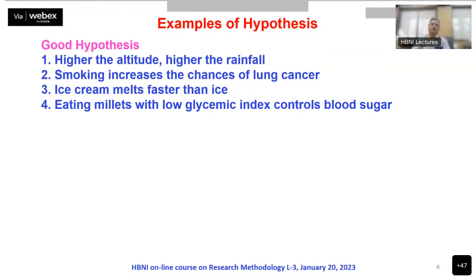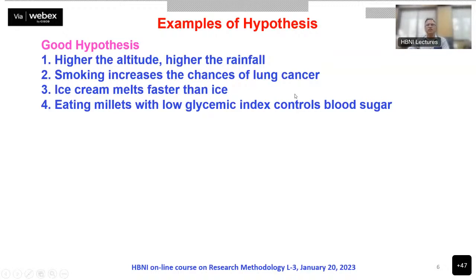You go to different altitudes and measure the extent of rainfall at those altitudes, and then make a plot, altitude on the x-axis and rainfall on the y-axis, and you can see the correlation. It may be a positive correlation, it may be a negative correlation. If it is a positive correlation, your hypothesis is true. If it is a negative correlation, the hypothesis is false. That is how you can plan the experiment.